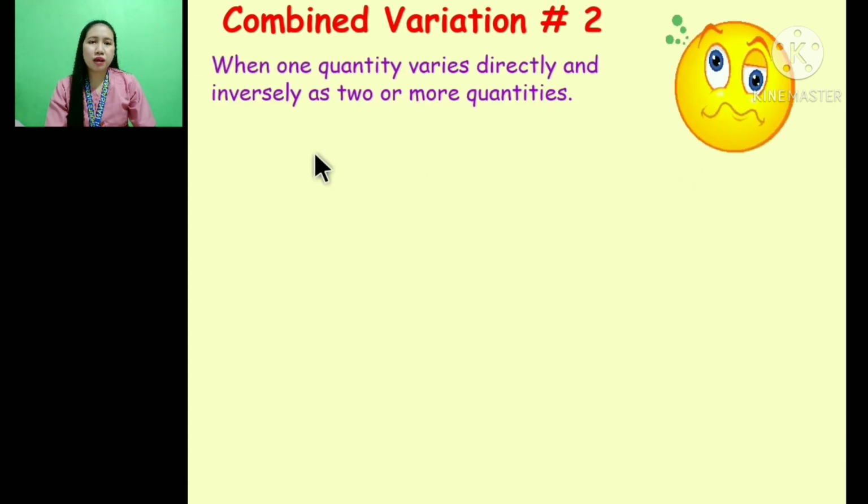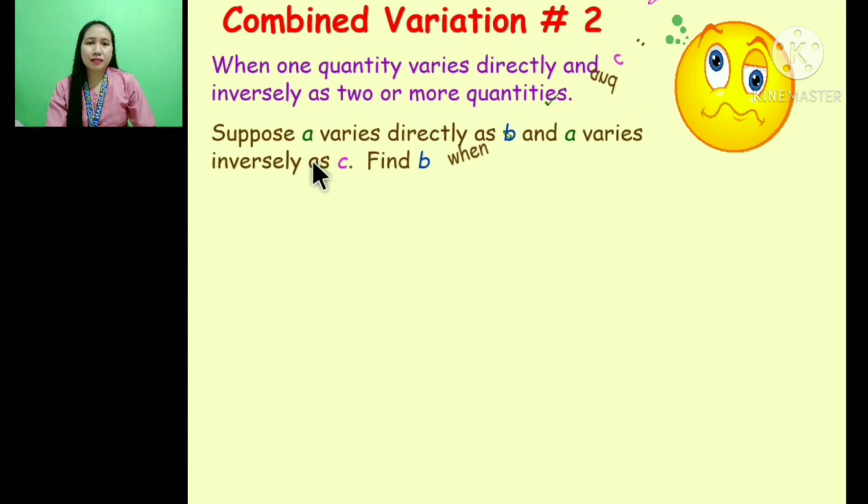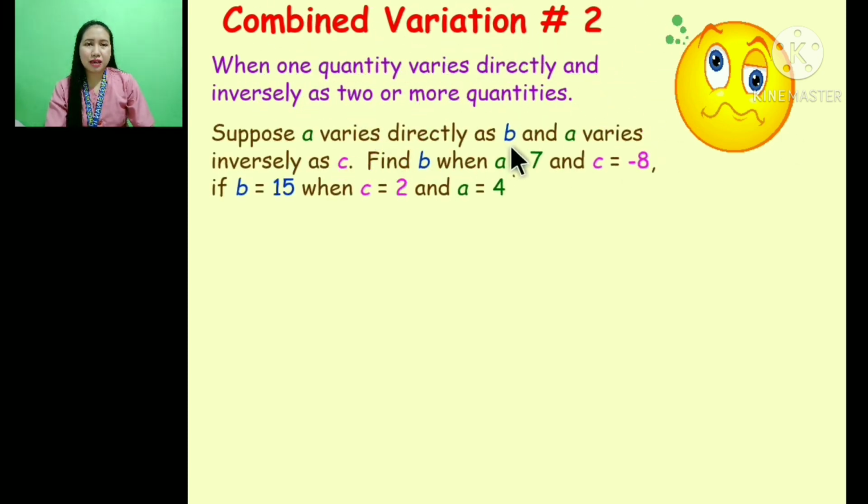Again, when one quantity varies directly and inversely as two or more quantities. Suppose A varies directly as B and A varies inversely as C. Find B when A is equal to 7 and C is equal to negative 8. If B is equal to 15 when C is equal to 2 and A is equal to 4.